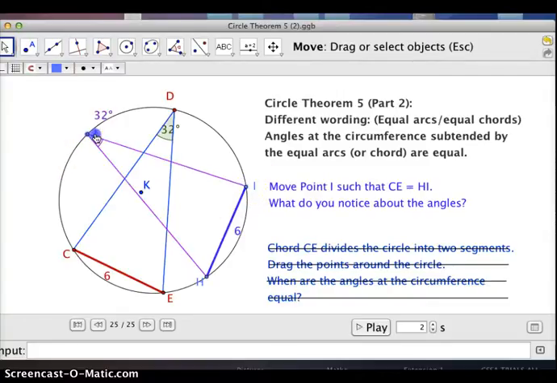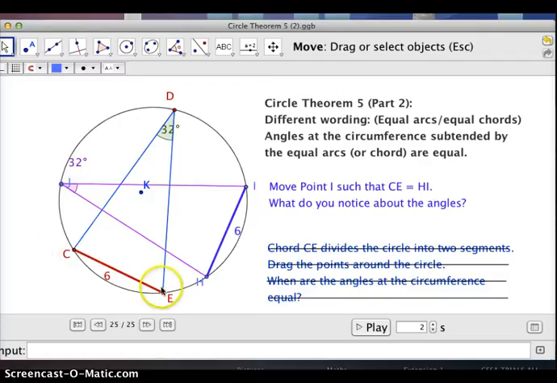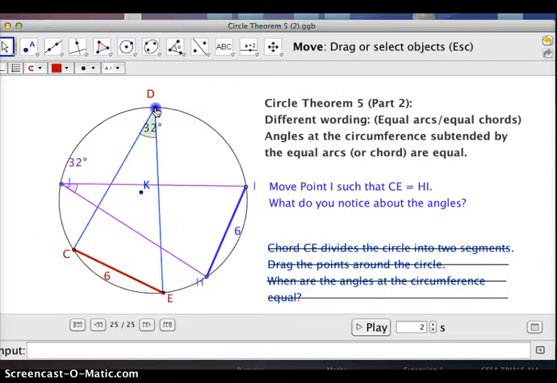Notice that the angle at the circumference is also 32, just like the angle at the circumference subtended by chord CE. Now I can drag HI and sit it exactly on top of CE, but that would then be sitting on the same chord. These chords CE and HI have equal length, therefore the angles subtended at the circumference by equal chords are equal.